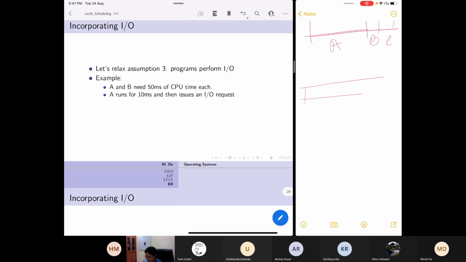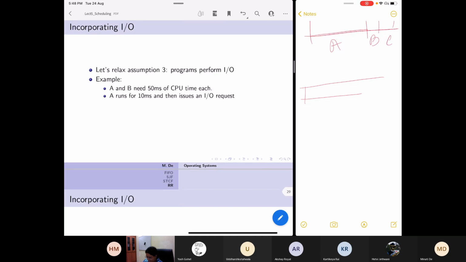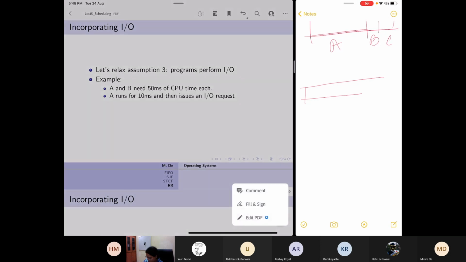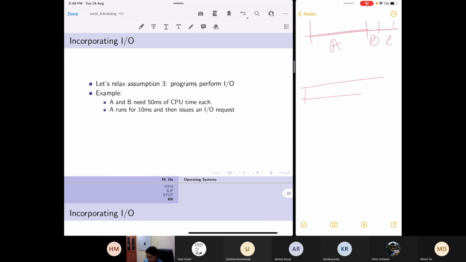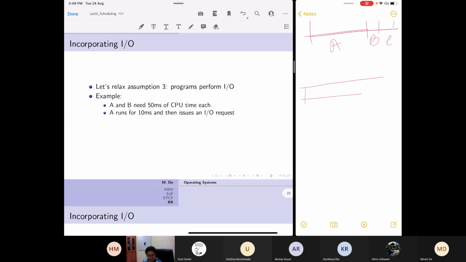Let's say I have two jobs, A and B. A performs IO operations. It runs for 10 milliseconds, then it asks for IO, right? It is an interactive job. And the other job B, for the time being, let's say is a CPU oriented job. It is just doing some computation.